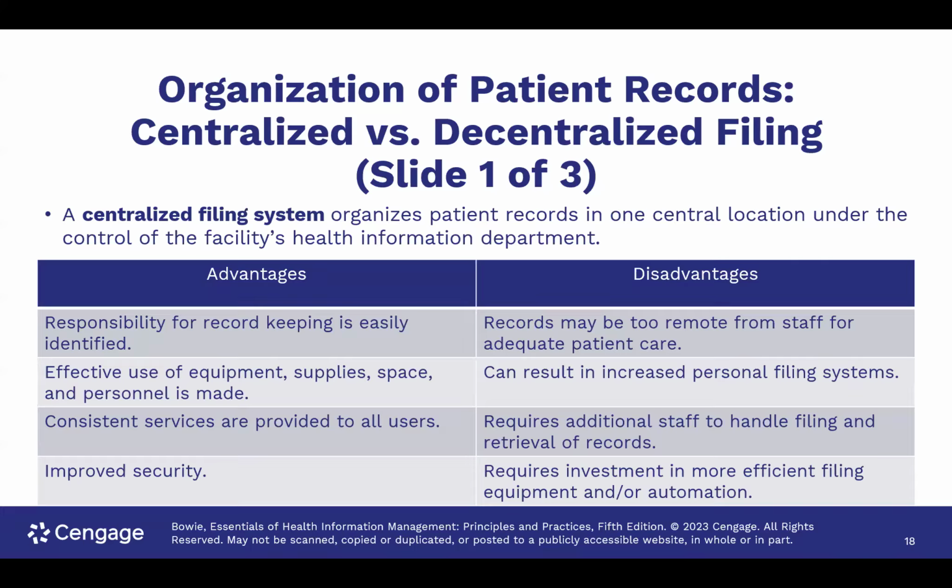So they would keep copies of patients' retinal scans along with their little shadow systems, right? And it also requires additional staff to handle filing and retrieval of records when you have them in a centralized place. And then you need filing equipment. You need shelves, usually 3 feet by 7 and so on. You need filing space.